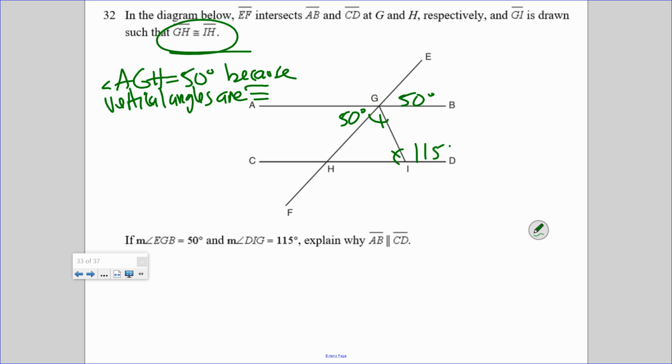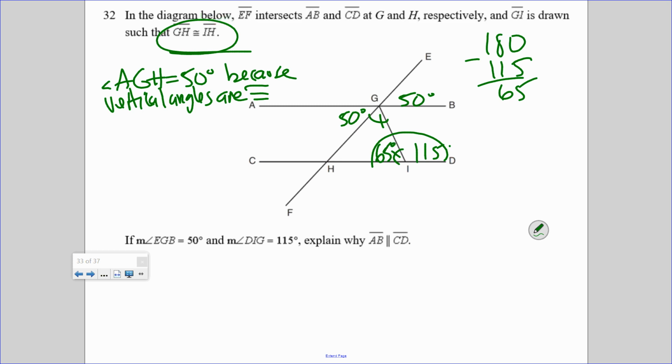All right, what else do I know? Well, I know that this is a linear pair here, so I can do 180 minus 115, which is 65.